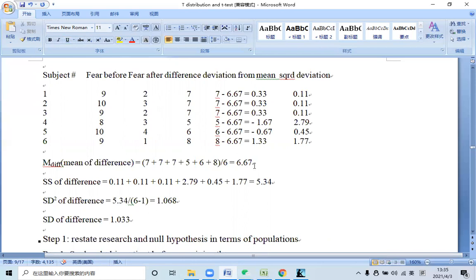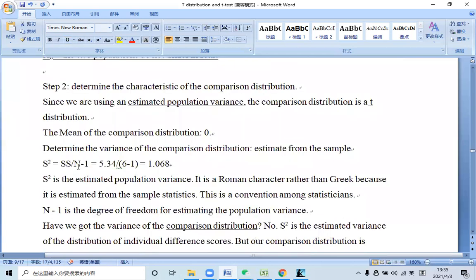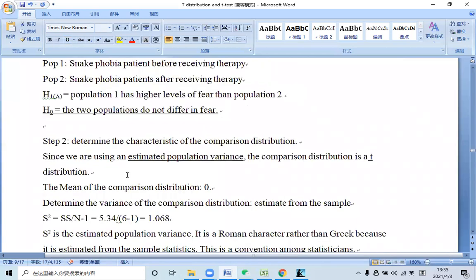Do I have enough evidence to say that the mean difference in the population is not 0? That is what we're trying to show. So we need to use a comparison distribution with a mean of 0. This is a difference score. The difference between pre-test and post-test is 0.